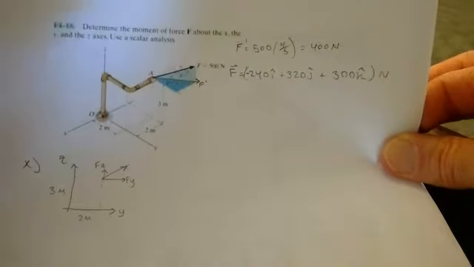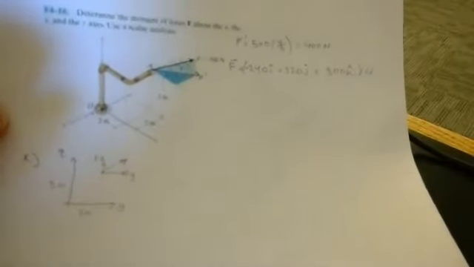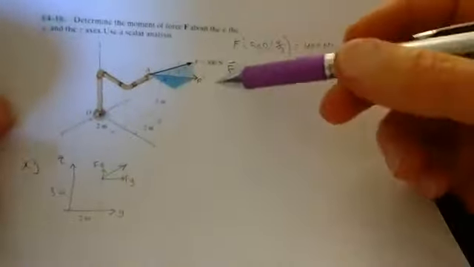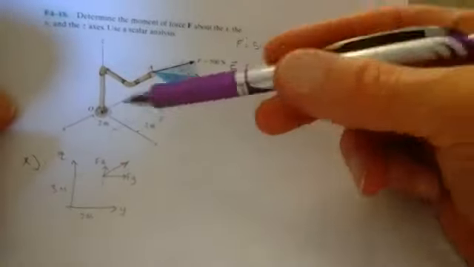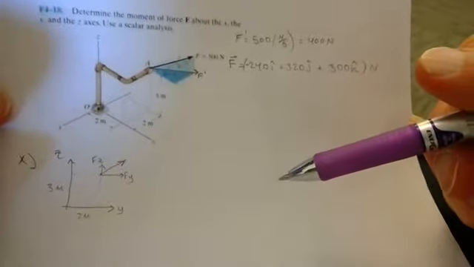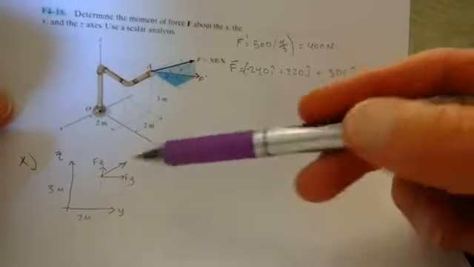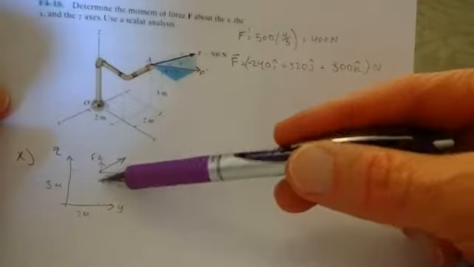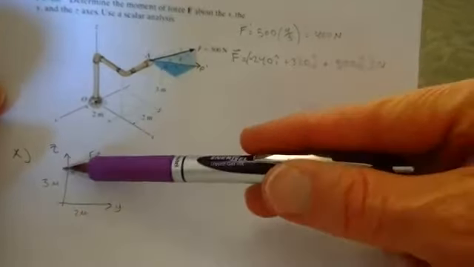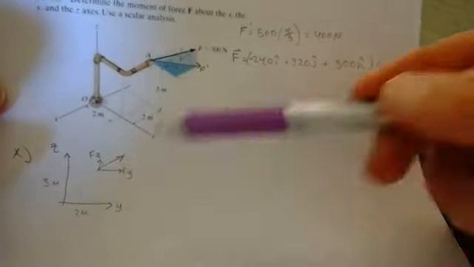F has a Z component and a Y component, and that's all you see from the X-axis. These are the moment arms, so it's going to be FY times 3 and FZ times 2.